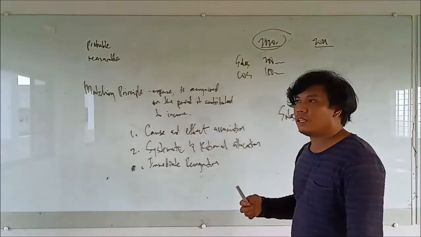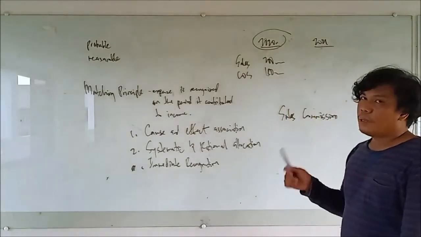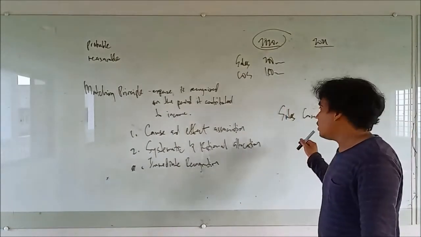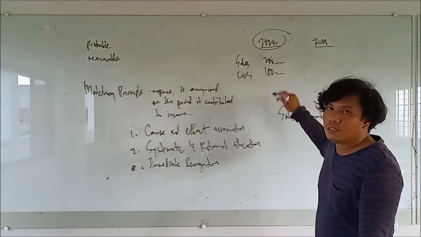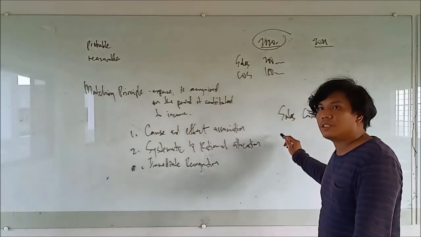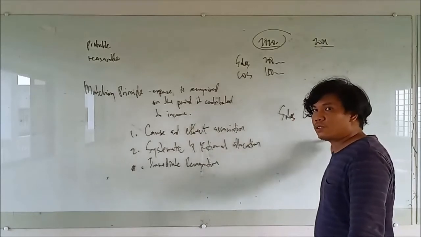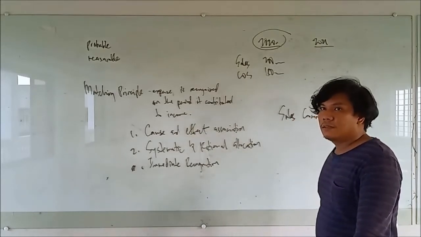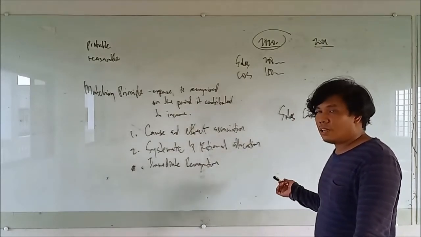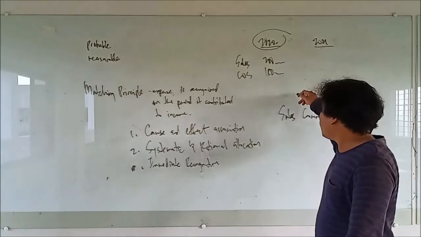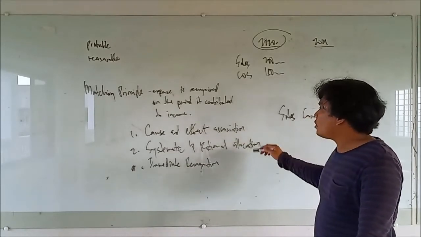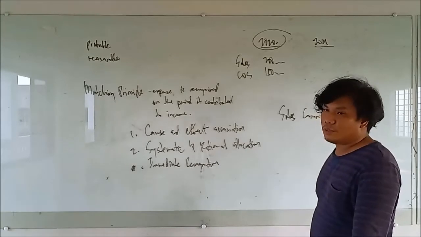Yung empleyado natin nakabenta, tapos bibigyan natin ng commission. Siyempre kung kailan yung sales, doon na i-recognize yung expense nito. Kasi kitang-kita mo naman eh. Kung walang sales, walang sales commission. Nakuha? So, cause and effect association yan. Okay?